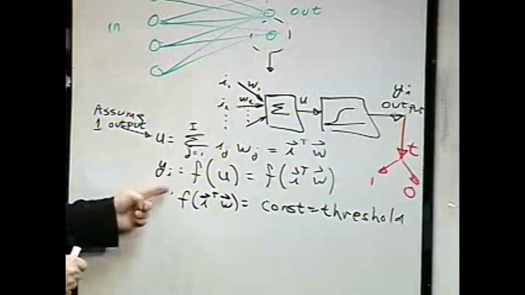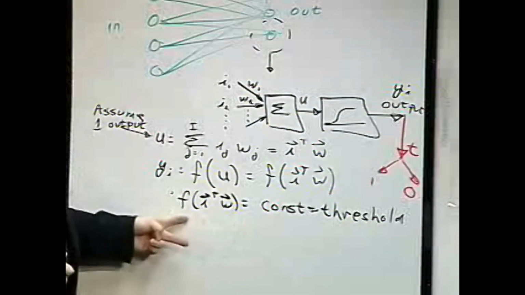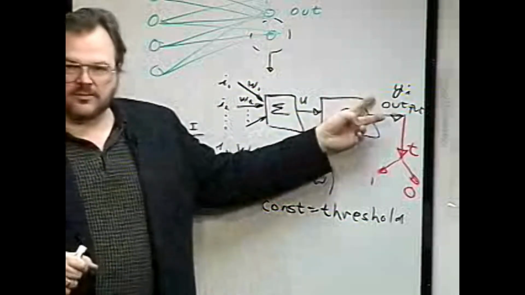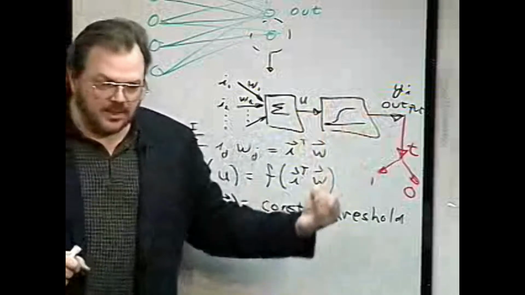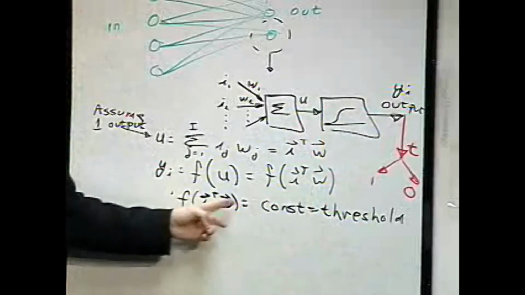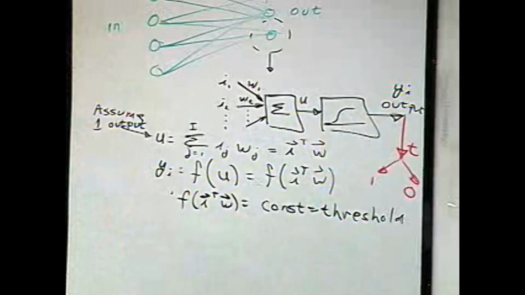Now, this is a strictly increasing function. That is, the squashing function is. Right? A strictly increasing function, I can operate on both sides by the inverse of the strictly increasing function and maintain an inequality.